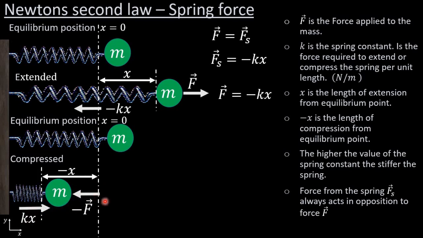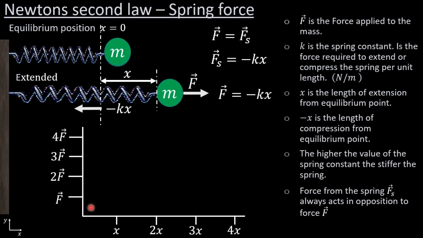Note that if these two x's have the same length, the force from the spring is going to be the same in both situations, and the force of application will also be the same. So from this we can say minus F equals minus k times minus x. We've just applied the same equation, but substituted x with negative x, which gives us minus F equals kx. Again, this is telling us that the force from the spring and the force of application are opposite.